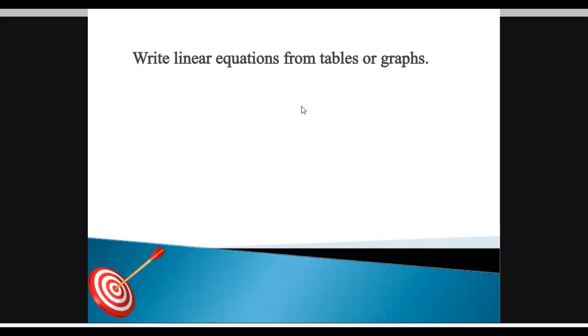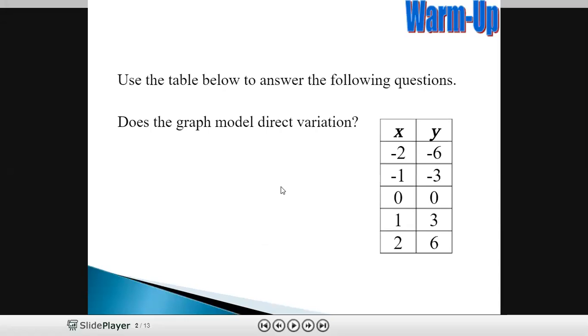Okay, so let's continue. Linear equations from tables. If we have a table like this, the question will say, use the table below to answer the following questions. Does the graph model direct variation?